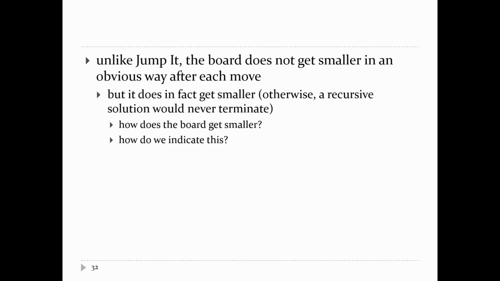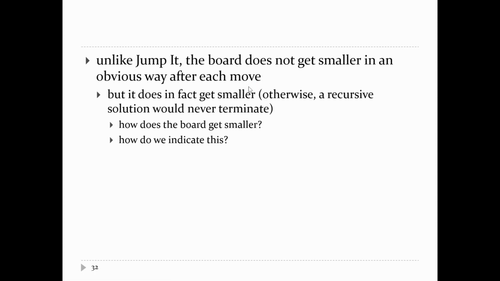In every recursive problem, one of the hallmarks is that every time you call the recursive method, the size of your problem gets smaller. So in jump it, every time I move to a square, the rest of the board gets smaller. If your recursive call leads to a larger problem, there's no guarantee that the recursion ever ends, so you possibly end up in infinite recursion.